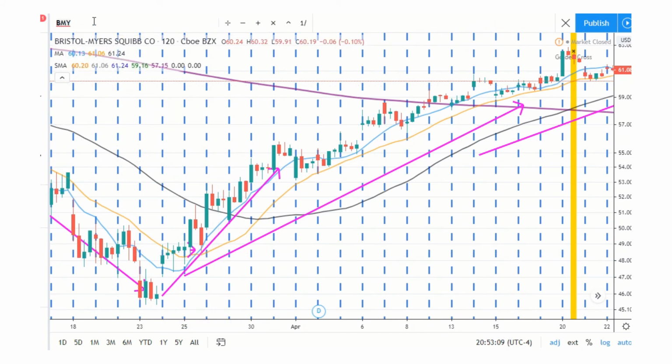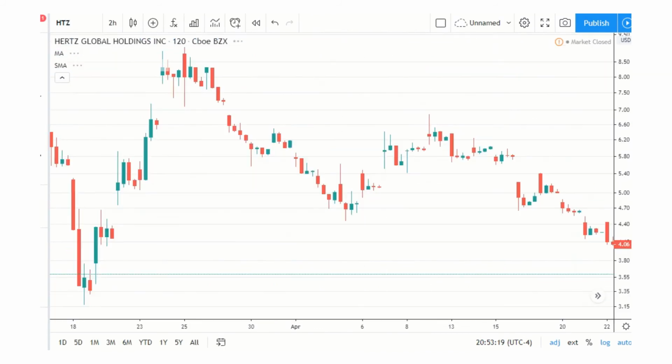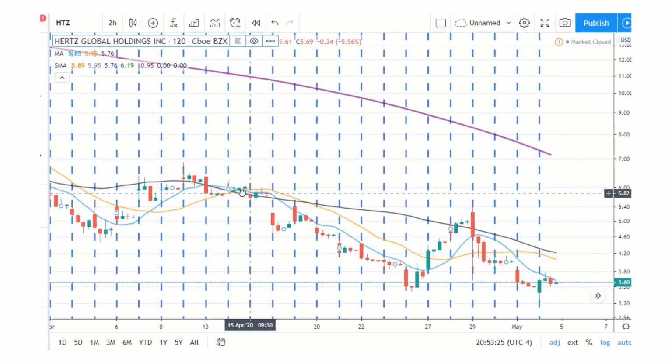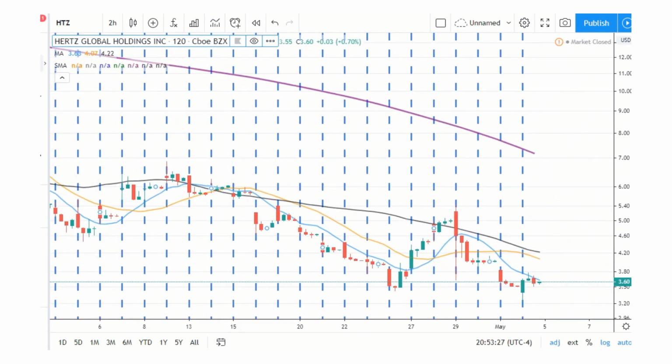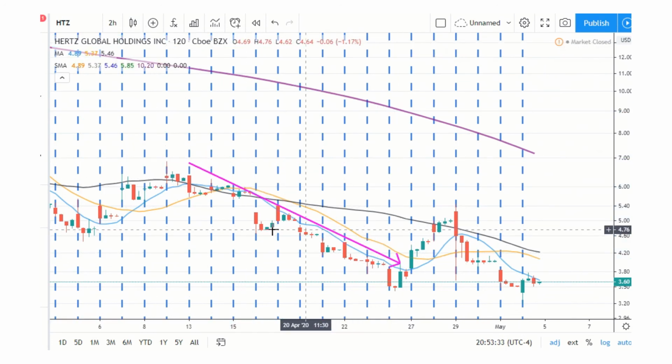All right, so let's look at another. Let's look at HTZ. All right, there we go. And HTZ is Hertz Global Holdings. And over here, we have the 2-hour time frame, and it's going down.